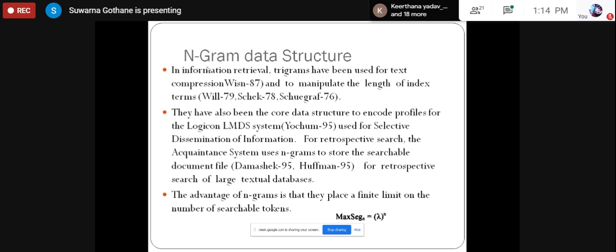Suppose in your paragraph 90 characters are there, you can reduce it to 40 or 50 by applying a certain coded language. So n-gram is applicable for data or text compression, by converting your natural data to a coded form.